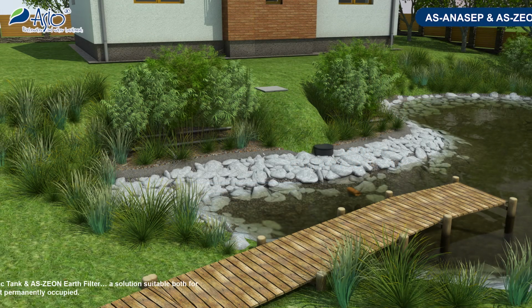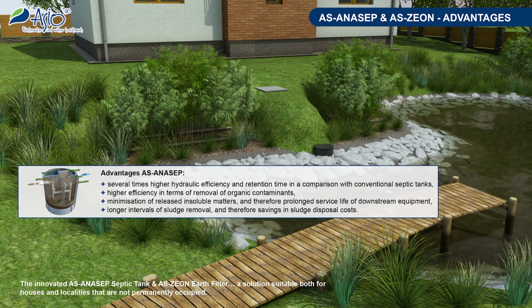Here are some advantages. AS-ANASEP has several times higher hydraulic efficiency and retention time in comparison with conventional septic tanks, higher efficiency in terms of removal of organic contaminants, minimization of released insoluble matters and therefore prolonged service life of downstream equipment, and longer intervals of sludge removal and therefore savings in sludge disposal costs.